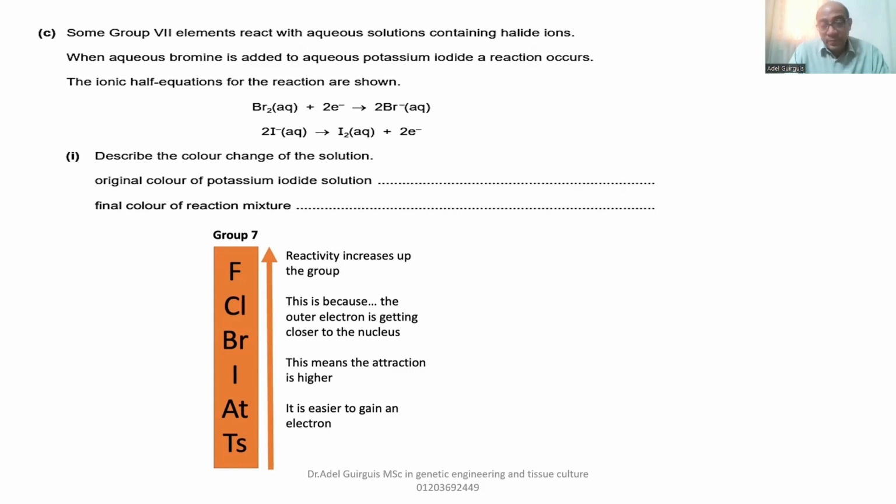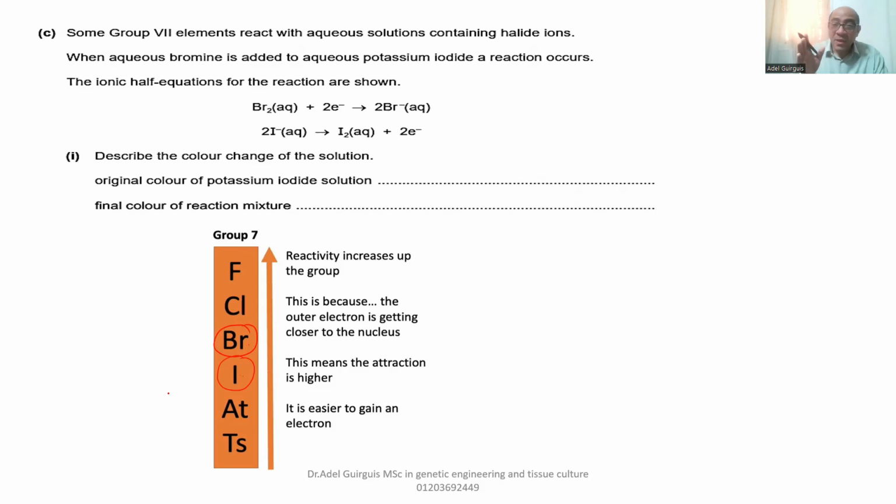Okay. So, what about when bromine is added to aqueous potassium iodide? Bromine is more reactive than iodine, so it replaces or displaces iodine.